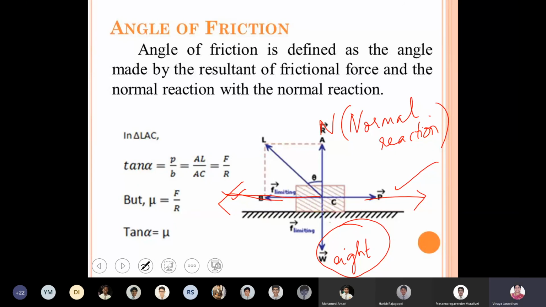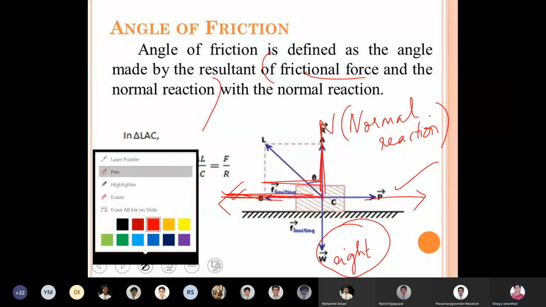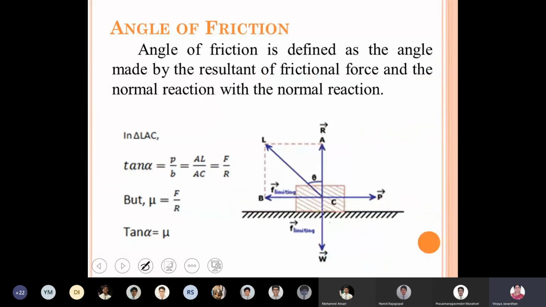The angle of friction is defined as the angle made by the resultant of frictional force and normal reaction. Boys, this is your frictional force and this is your normal reaction.